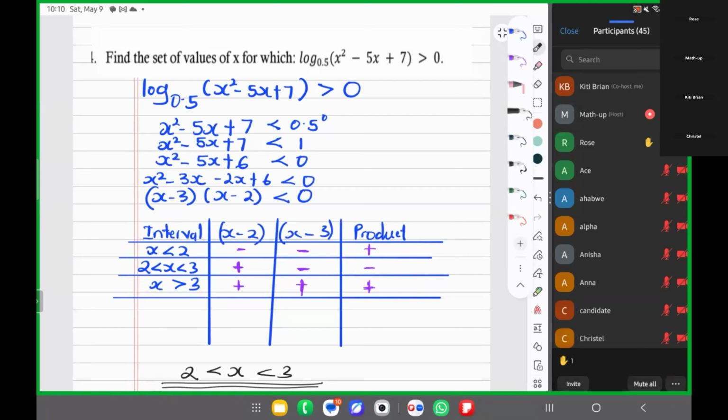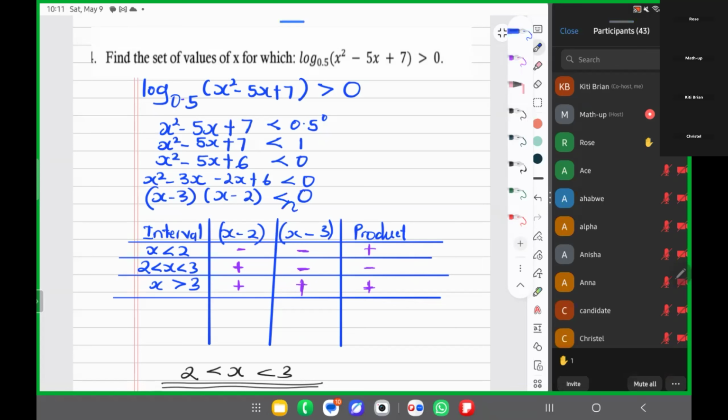My question is, can you do an example of a table in case we had less than or equal to 0? Because I want to see how it looks. Less than or equal to 0. Yeah.